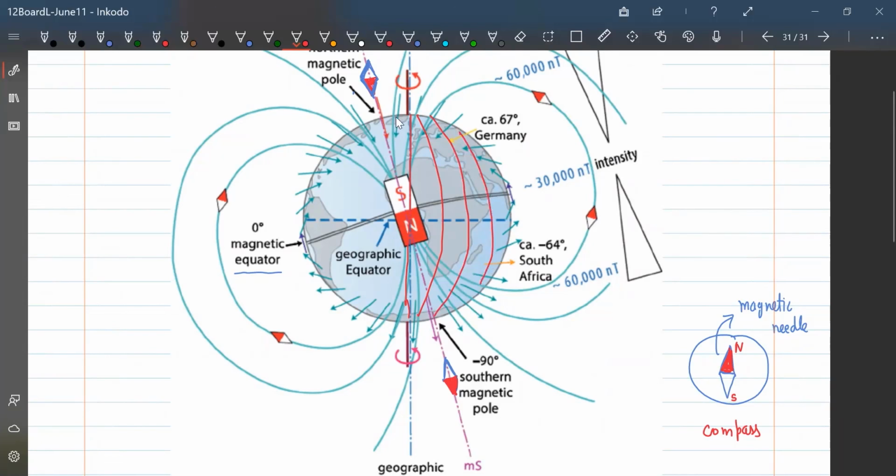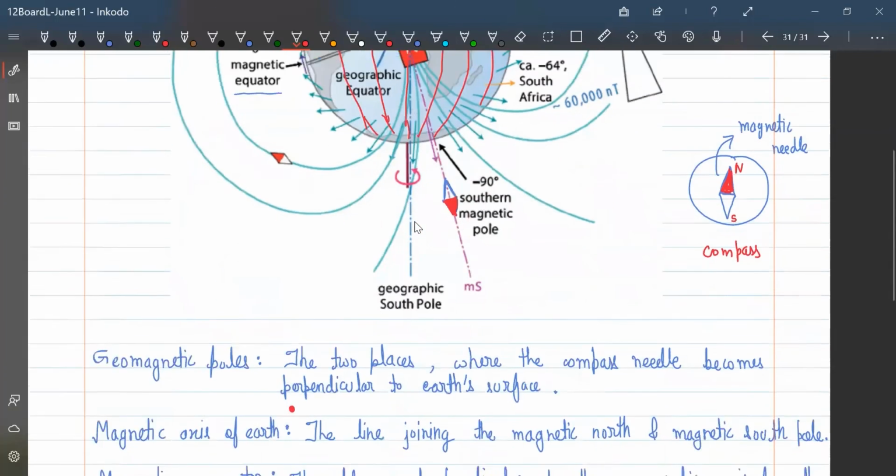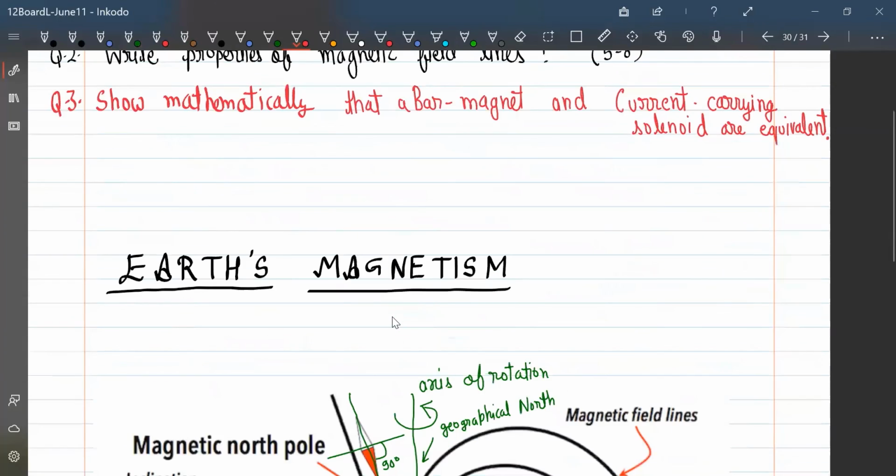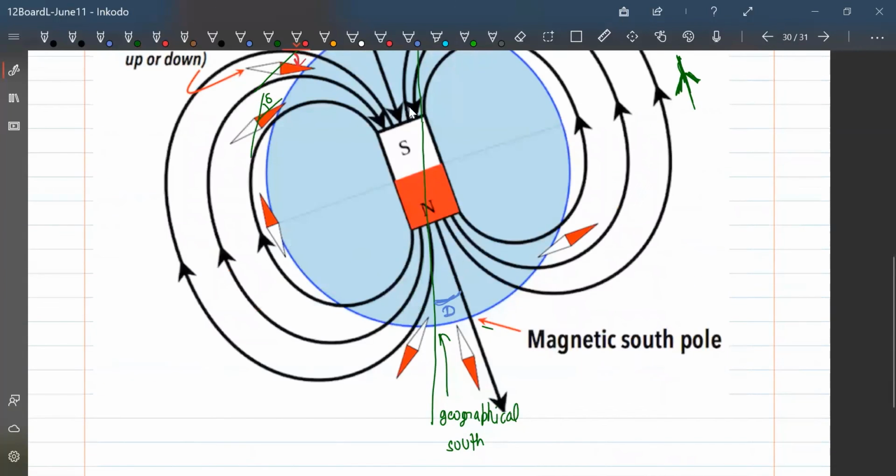So the angle that the magnetic meridian makes with the geographical meridian, that is the angle of declination. Here, if we talk about the axis at the equator, this will become the angle of declination. But this is only at the equator.